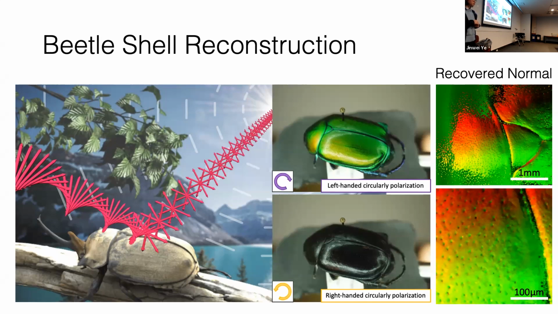How good is the camera? Something like an iPhone? Oh no, here we use a polarization camera. You could put a polarizer in front of an iPhone. Here we actually use a very good lens.